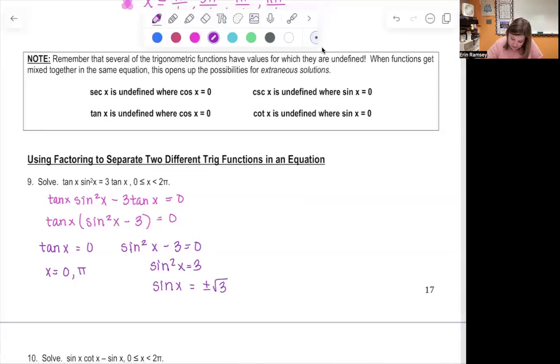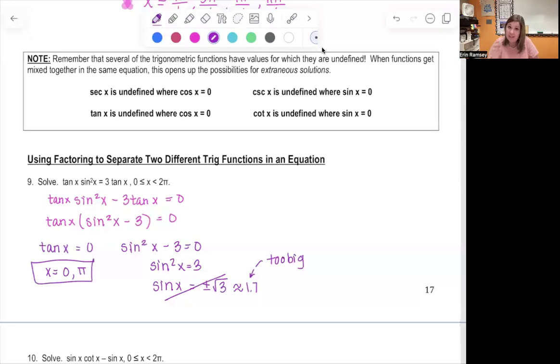Square root of 3 is about 1.7-ish, and remember, sine and cosine have range values of -1 to +1. So this value is too big, which means no solutions come from this equation. That factor became extraneous, and the only two solutions we get are here.